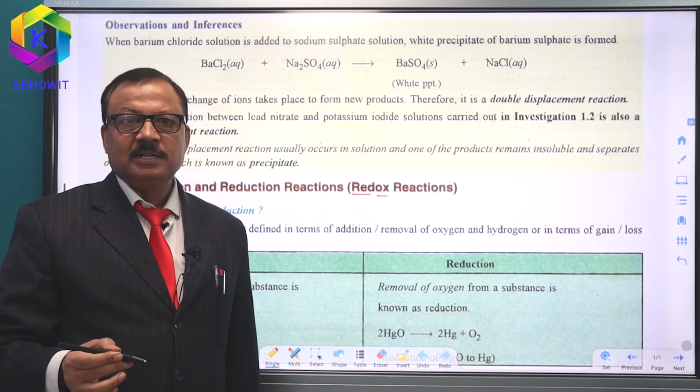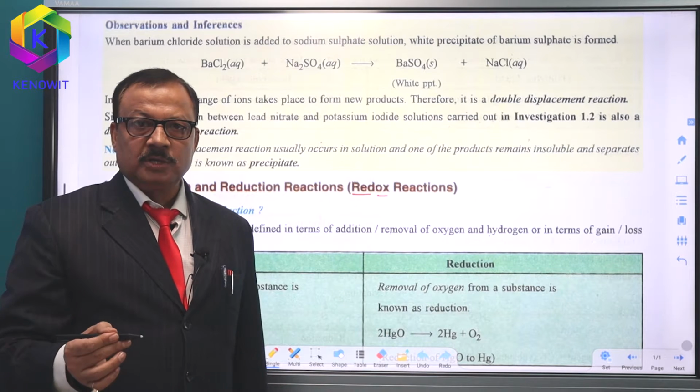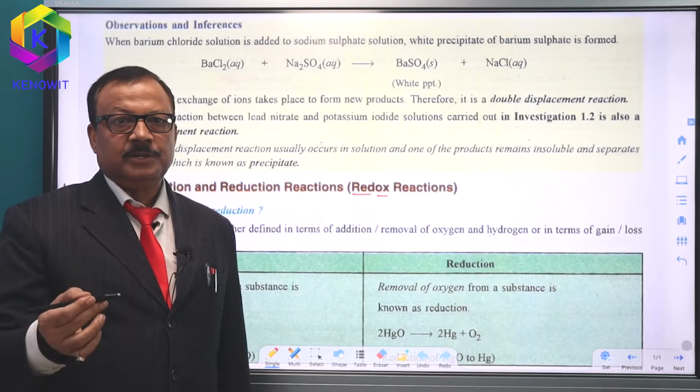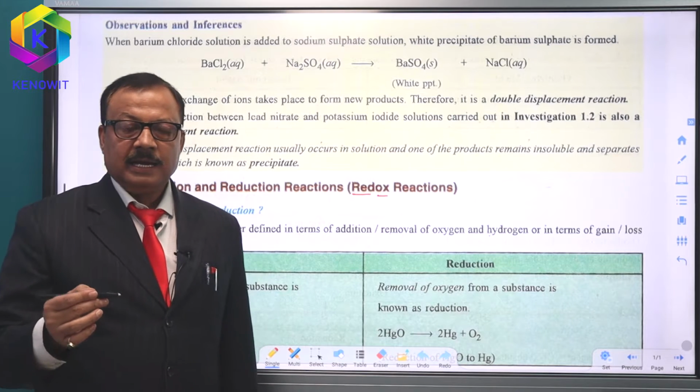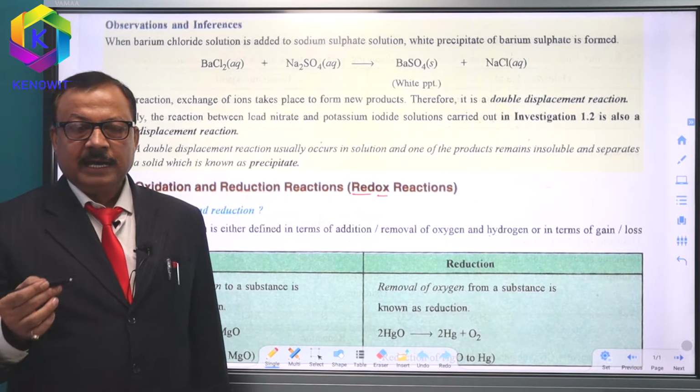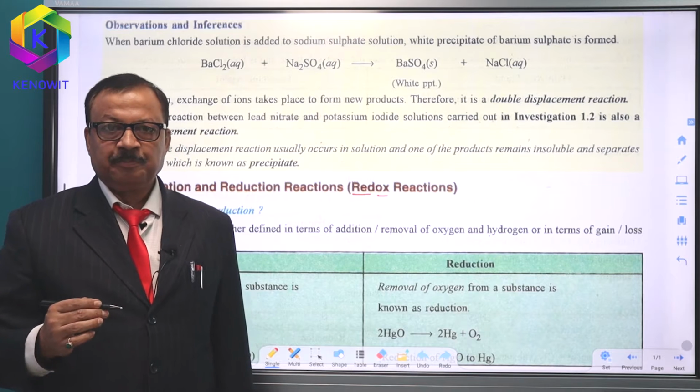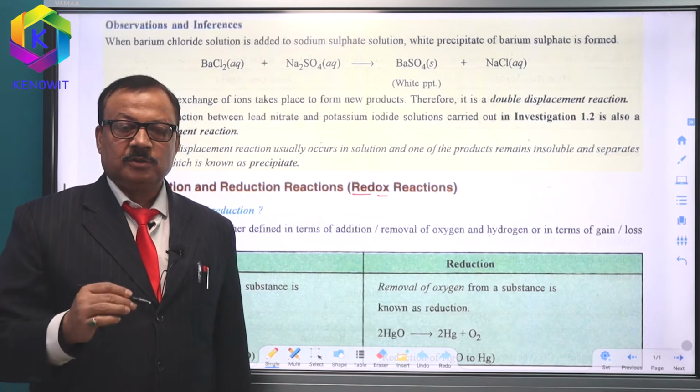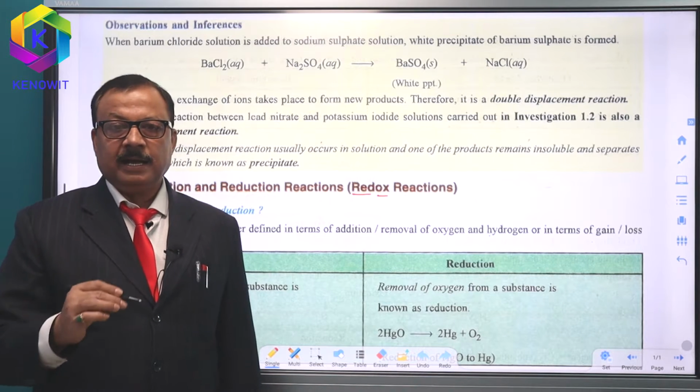In the electronic concept, oxidation is a process in which loss of electrons takes place, and after loss of electrons, the element forms a positive ion, and after gain of electrons, the element forms a negative ion.